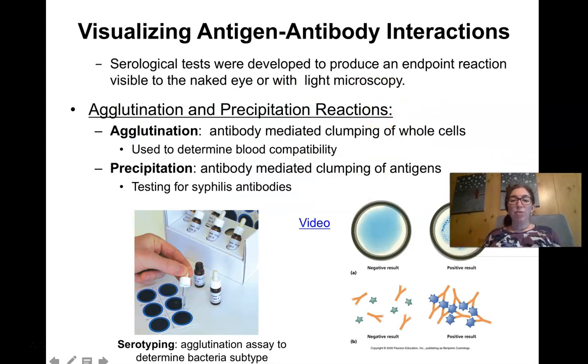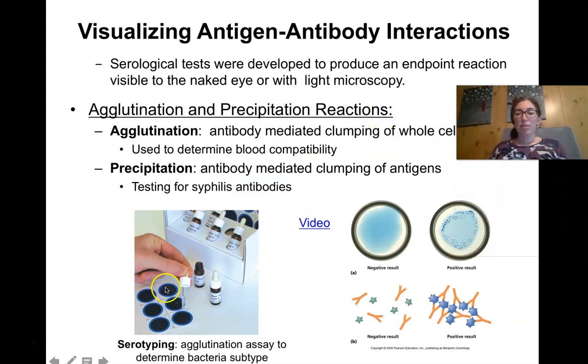So we can visualize these using these agglutination or precipitation tests. They're virtually the same thing. In an agglutination test, you're looking for clumping of whole cells, whereas in a precipitation test, you're just using antigen. You're testing antigen, so it's just protein, not whole cells. But either way, they're both virtually the same test.